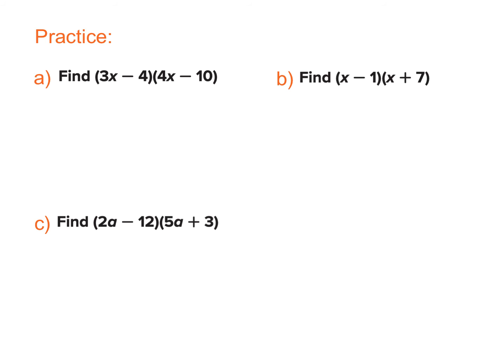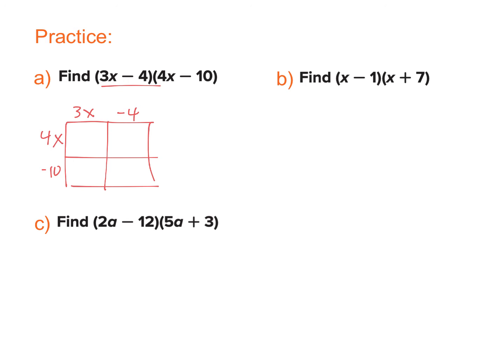All right, so if you were going to multiply these two binomials out, I'll just show you letter A, 2 different ways. You could draw a generic rectangle, and I could say, okay, 3x minus 4 and 4x minus 10. Okay, and I could multiply it out like this.